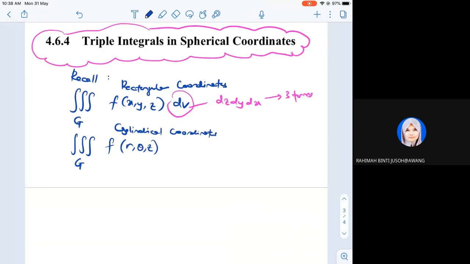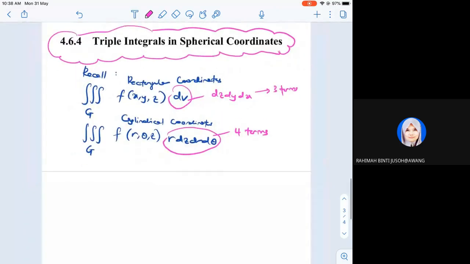In cylindrical coordinates, we have r dz dr d theta. So 4 terms. Okay, this is your dV. All right.